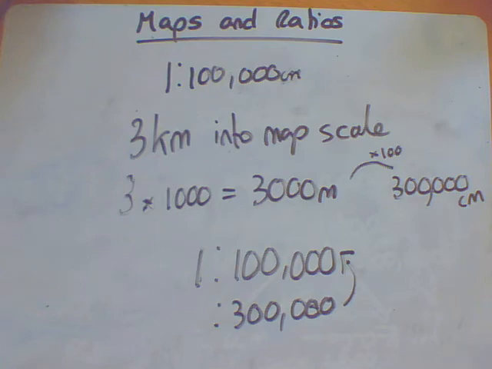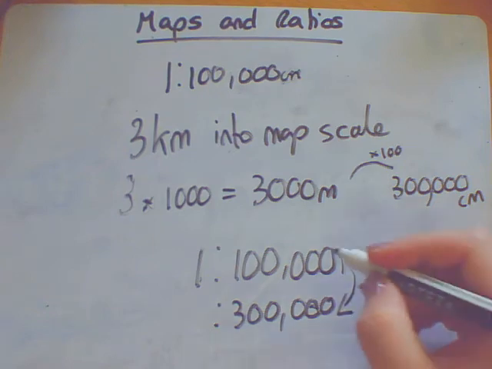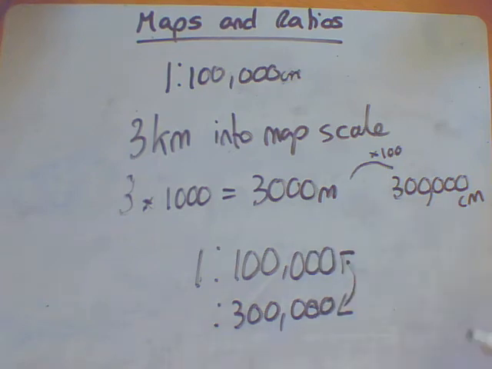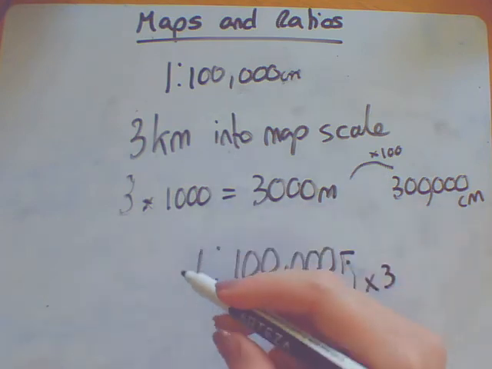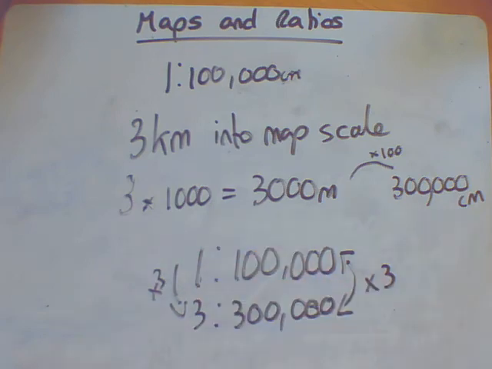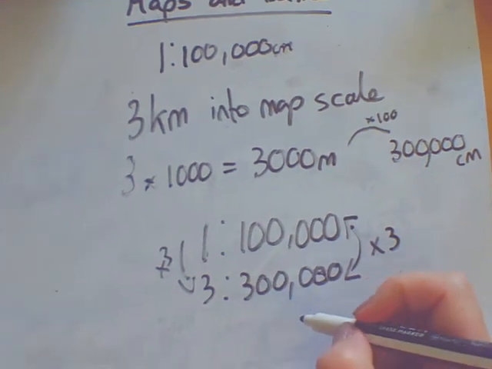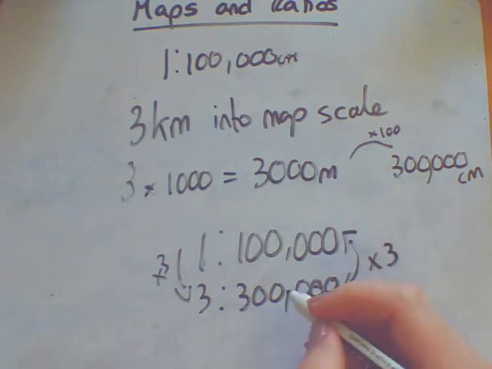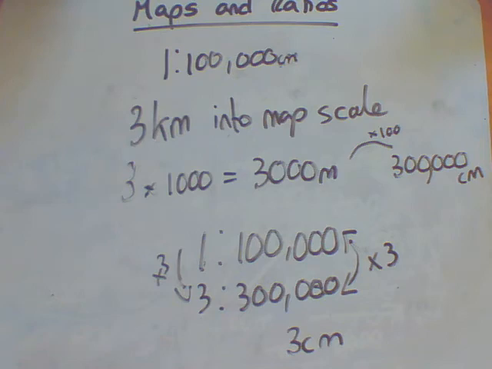Okay, so what's the link there? To get from 100,000 to 300,000, I have multiplied by 3. So what are we going to do on the other side? I'm going to multiply it by 3. So on the map, for 3 kilometres, I have travelled 3 centimetres. Okay, we'll try one more.